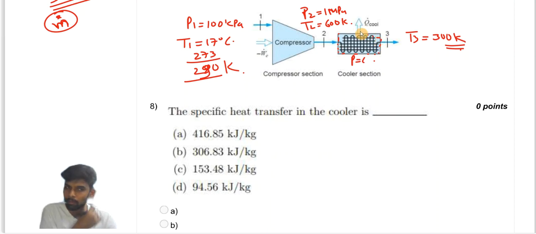What we will have, say E dot 2 is equal to E dot 3. Then no, let me write it here.